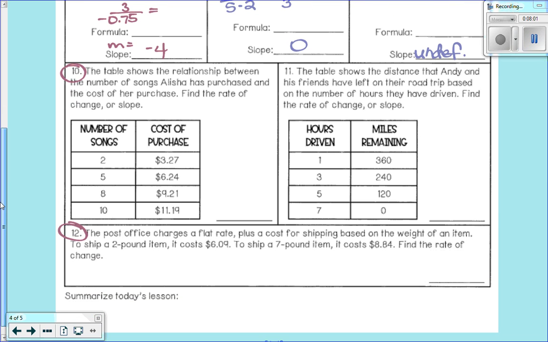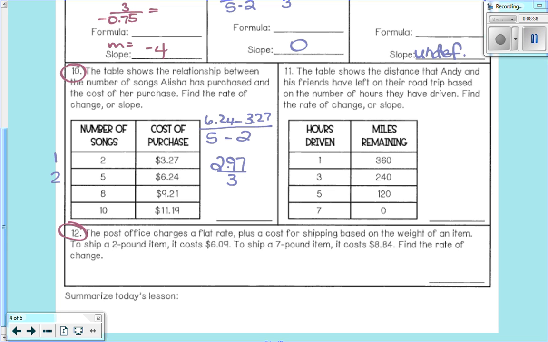Number 10. Okay, now we have a situation here with a table. It shows a relationship between the number of songs and the total cost of the purchase. And they want the rate of change, which is the slope. And then we're going to label our first and second ordered pairs, and then we're going to subtract $6.24 minus $3.27, and then subtract the number of songs, which is 3, and the change in the purchase is $2.97.